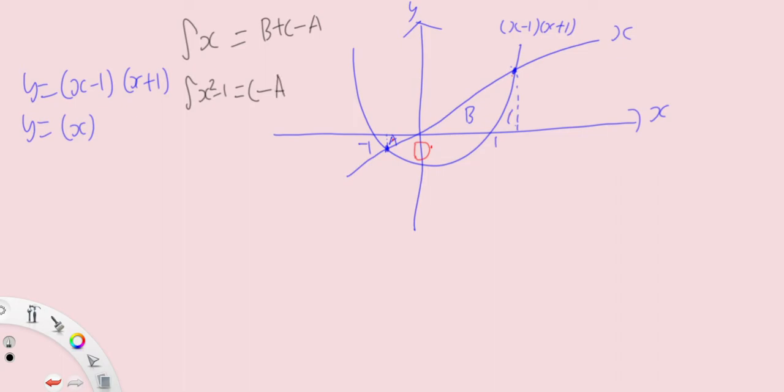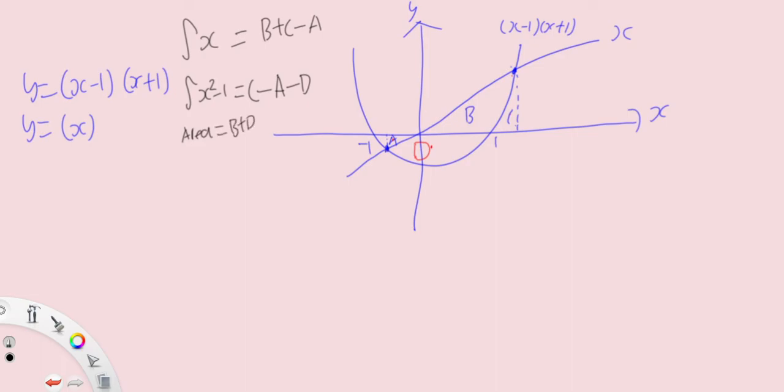So you get minus A minus D. All right, but you only want B and D because that's the area you want, right? The actual area that you want is B plus D.